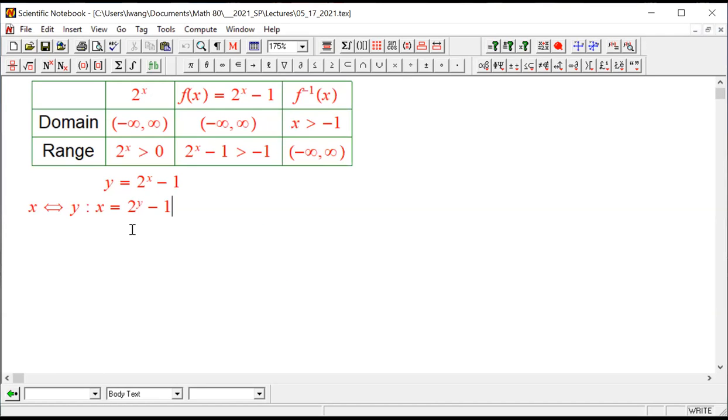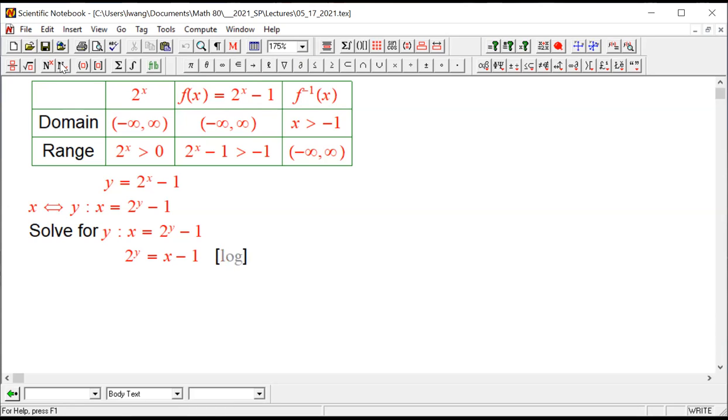Let's continue. And of course, we're going to solve for y. How do we solve for y from here? We're going to rewrite it as 2 to the power of y equals x minus 1. Recall the definition of logarithm.